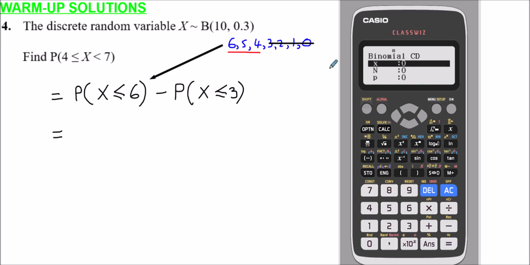So we want that x is up to and including 6. So set x as 6, number of trials n is 10, probability of success is 0.3. Press equals and we get a probability of 0.9894. Give it to 4 sig figs for now. We can always round down to the usual 3 sig figs after. So 0.9894.